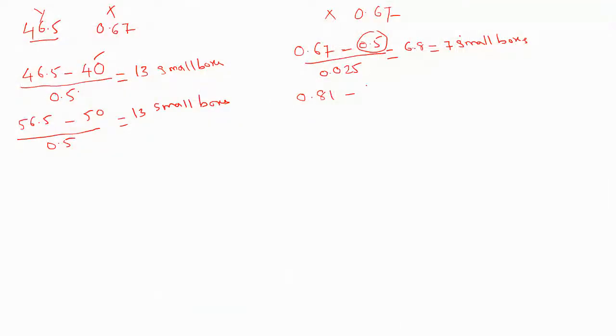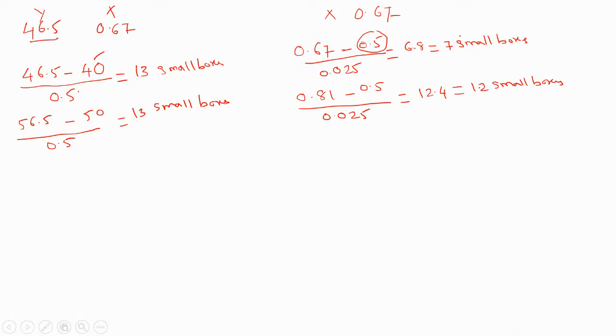So 0.81 minus 0.5 divided by 0.025. So could you please tell me what's the answer? 12.4. So it is less than 5, so I can take 12. Am I right? Yes. Okay, now you can see x-axis 12 boxes, y-axis 13 boxes.